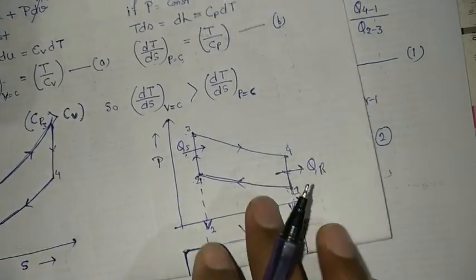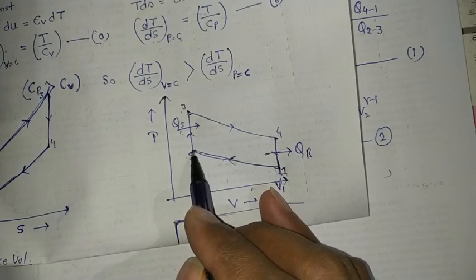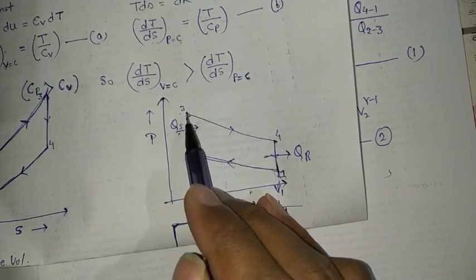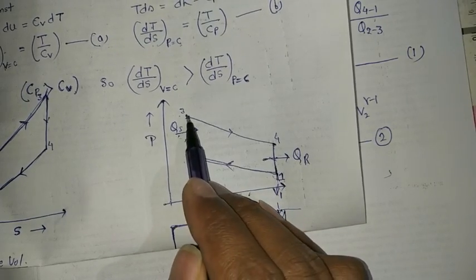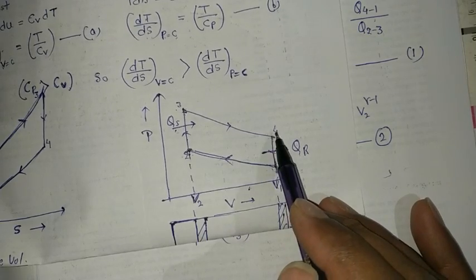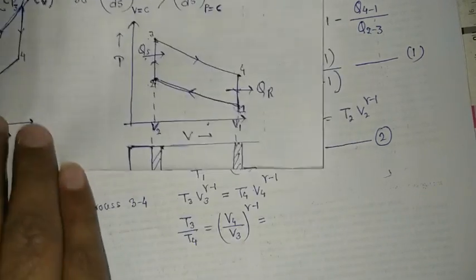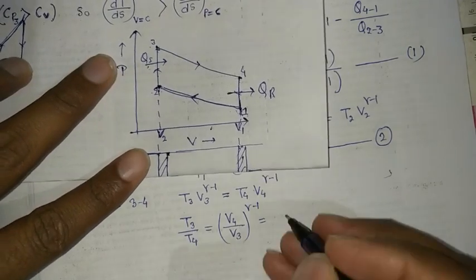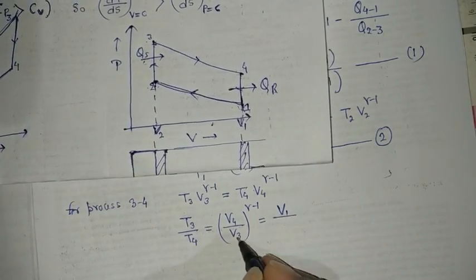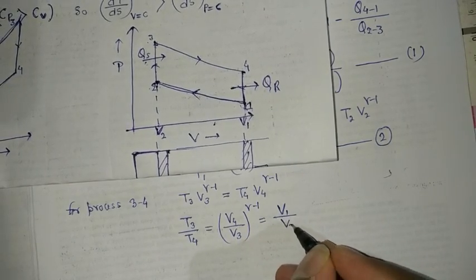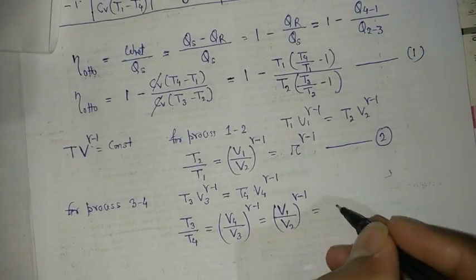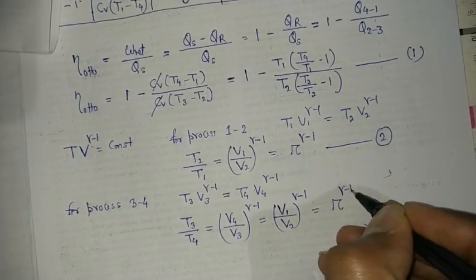And from the PV plot we can see the volume at 2 and 3 is same, because this 2 to 3 process is constant volume, so V2 is equal to V3. Similarly process 4 to 1 is constant volume process, so volume at 4 is equal to volume at 1. So in place of V4 I can put V1, and in place of V3 we can put V2 to the power gamma minus 1, and we know that V1 by V2 is again compression ratio R to the power gamma minus 1.